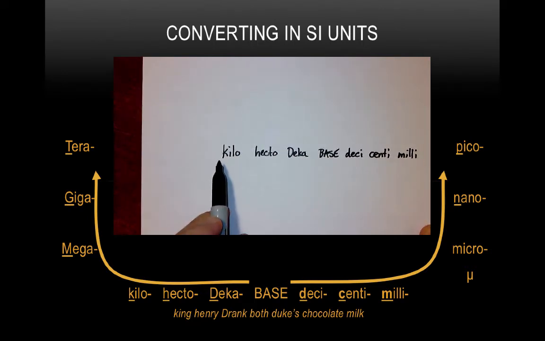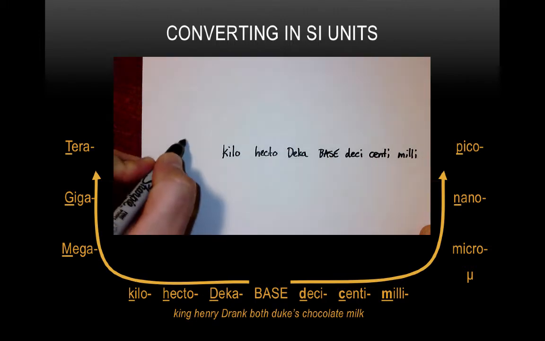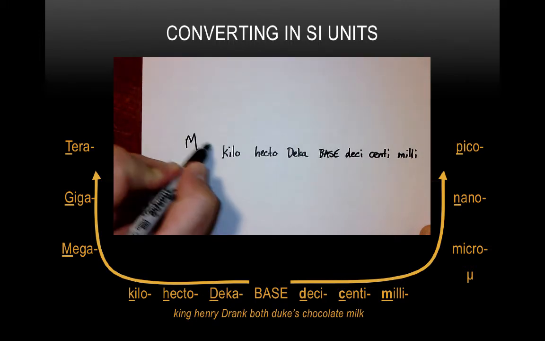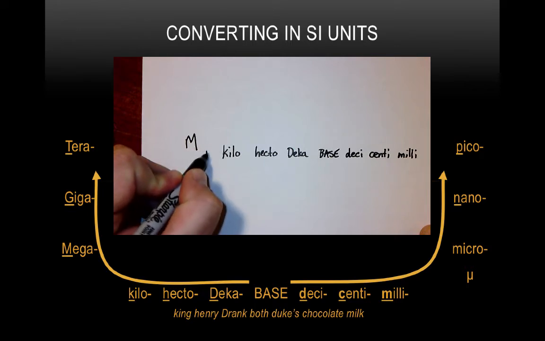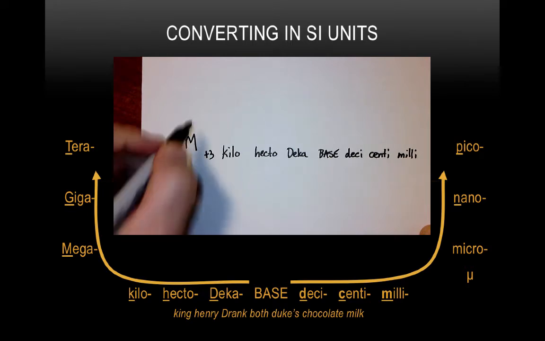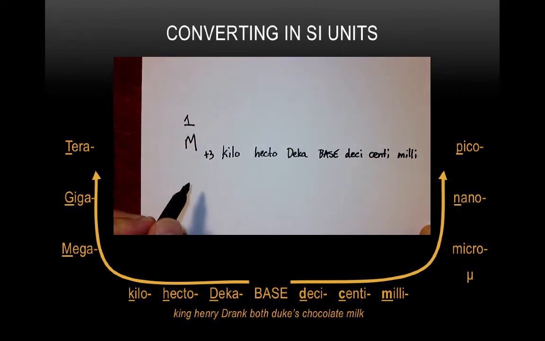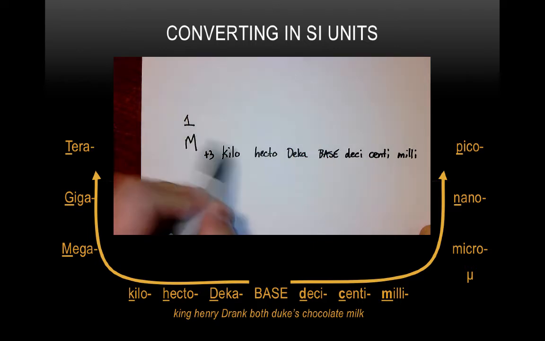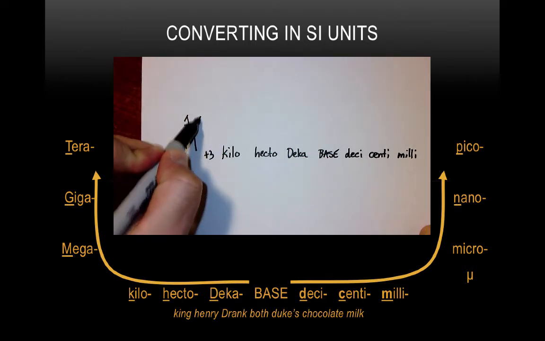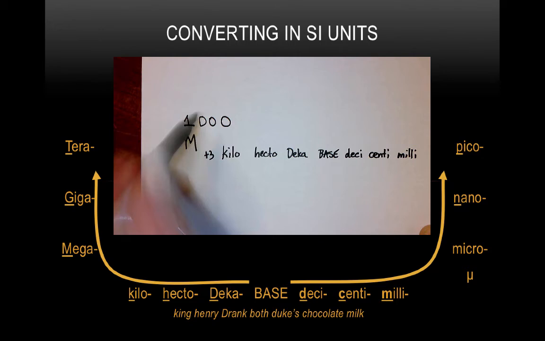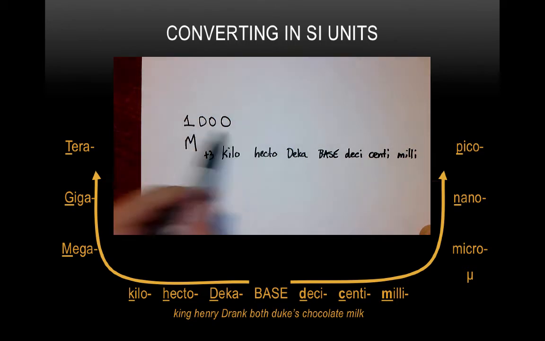If you're going to go to mega, with the symbol capital M, there are 3 spaces in here. So if we have 1 megabyte, or let's say 1 megameter if we're dealing with things in space, and I want to get to kilo, I've got to put 1, 2, 3 zeros to get that.